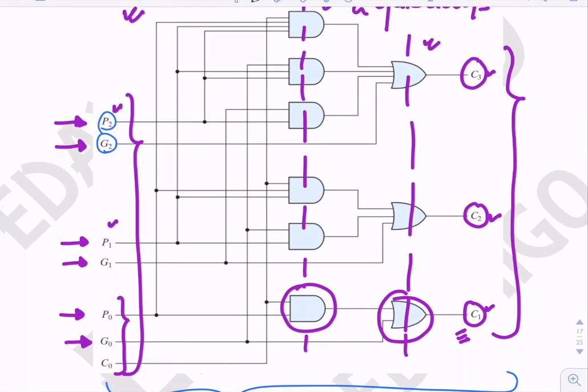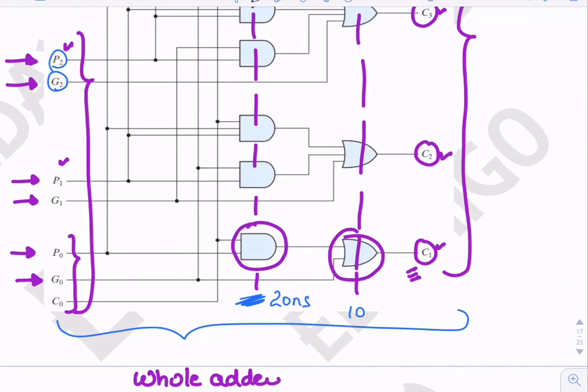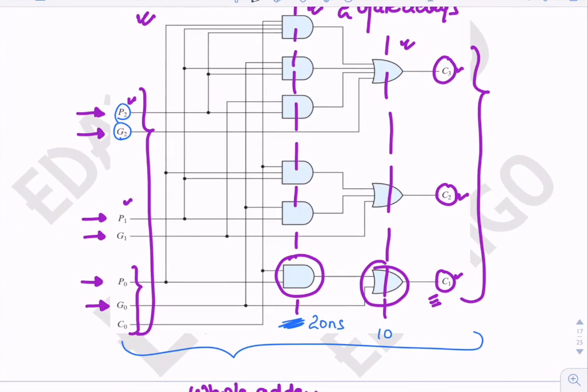Now these AND and OR gates are in level 1, so the AND gates will take a 20 nanosecond delay, and the OR gate, which I have taken as 10 nanoseconds, will take 10 nanoseconds. So these carry outputs will be available after a 20 nanosecond delay plus a 10 nanosecond delay, that is 30 nanoseconds.